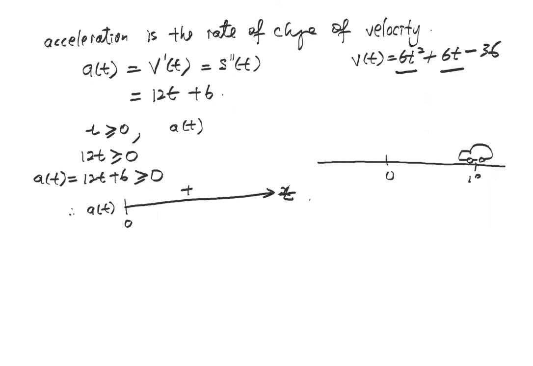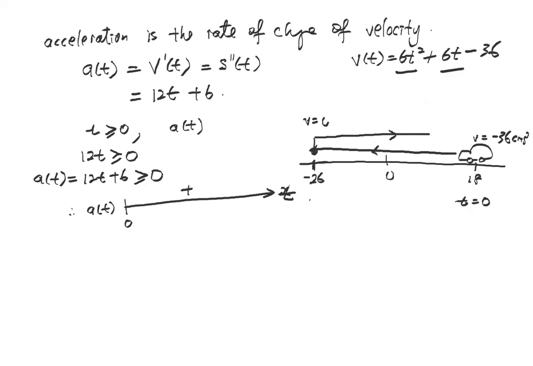This is 18. I start to study the motion of the particle. Then the particle moves until here. There is negative 26. The particle stops. Then after that, it changes direction, correct? The velocity in this case is negative 36 cm per second. The velocity in this situation is 0. Then after that, it goes positive, correct?